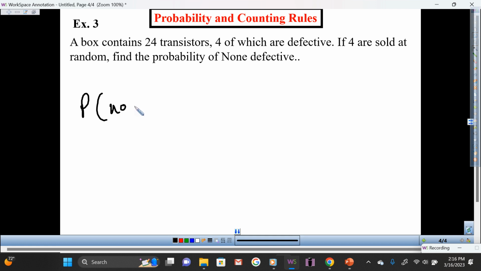Yeah, no defective. This one's a little bit simpler because there's only one way of writing no defectives, right? Let's see if you can set it up by yourself.